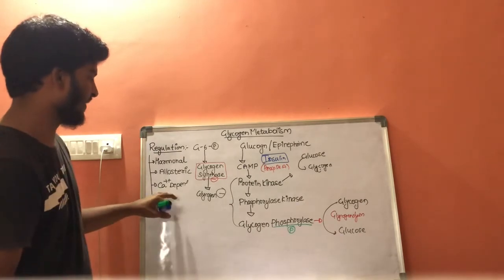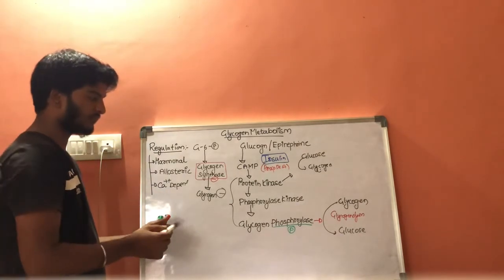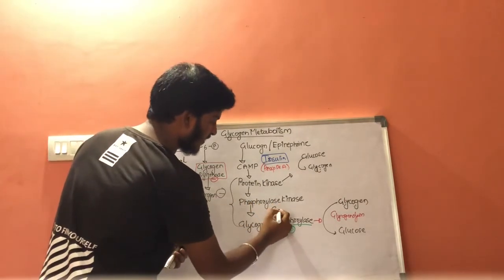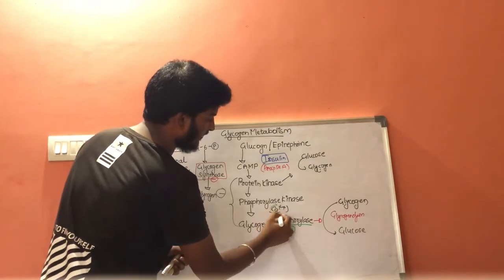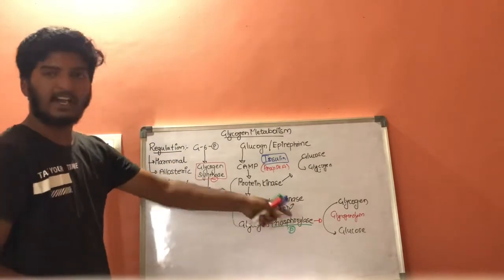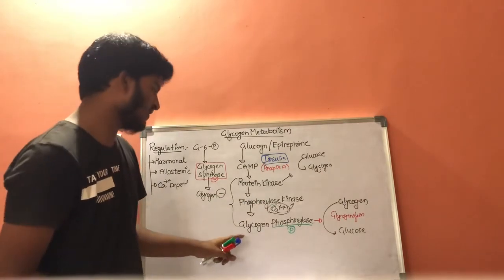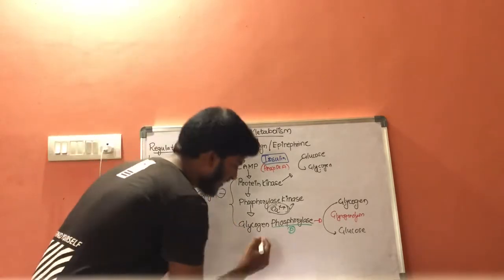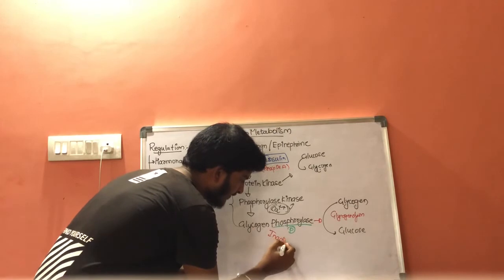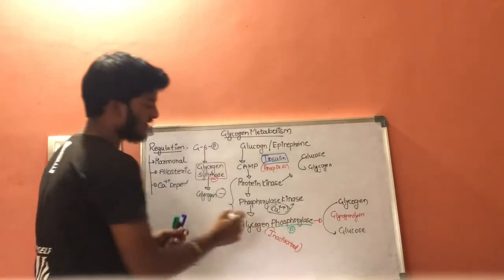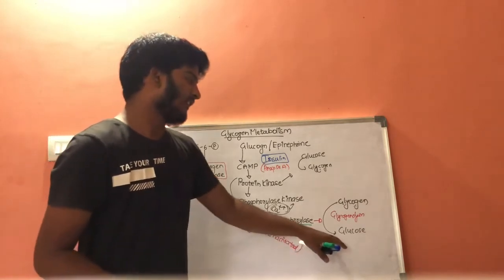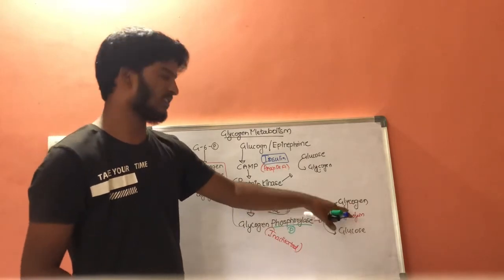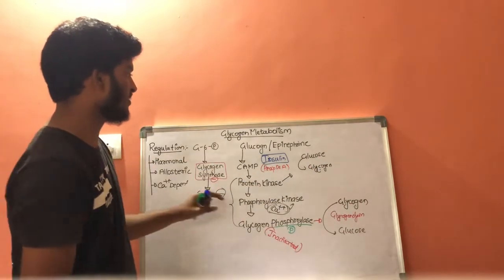And calcium dependent means calcium will act upon phosphorylase kinase, and glycogen phosphorylase gets inactivated. When it is inactivated, glycogen cannot be converted into glucose, and ultimately the glycogen percentage will increase. This is the metabolism of glycogen.